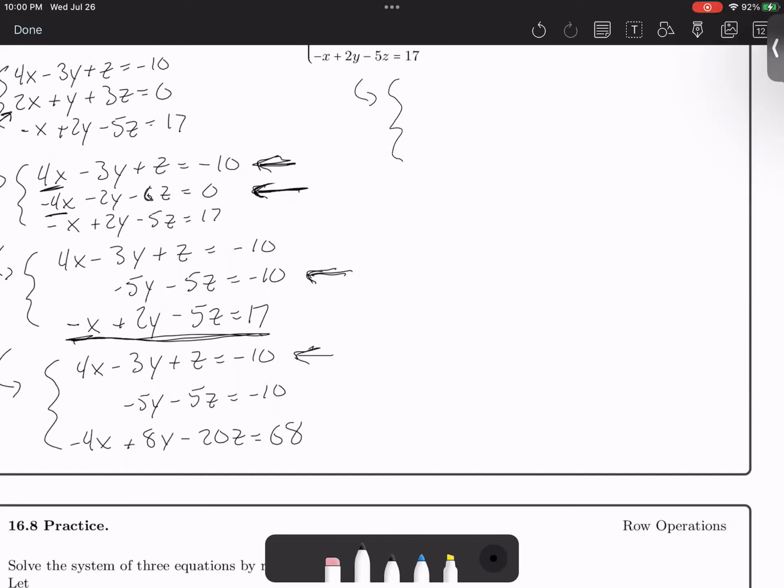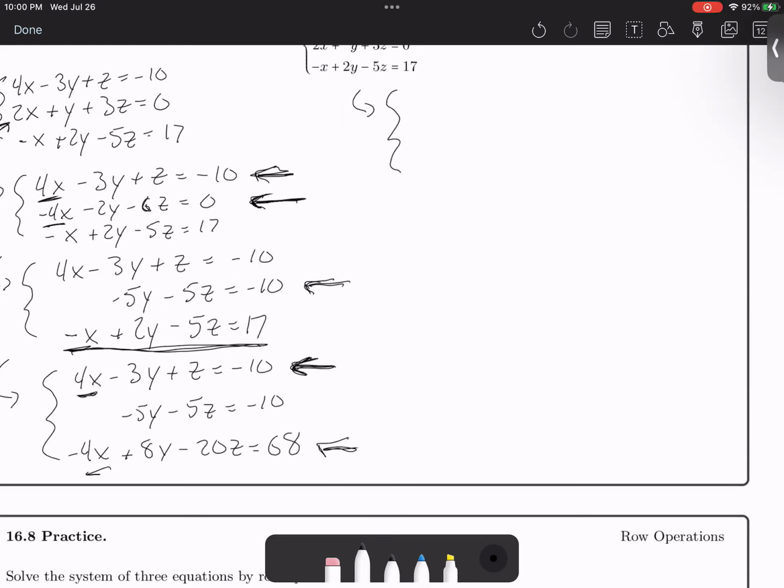Now let's add our first equation to our third equation because it will cancel our x's. And we're going to replace that in our third equation. So let's do that. We have 0 x's now. Minus 3y plus 8y gives us 5y. Plus z minus 20z gives us minus 19z.